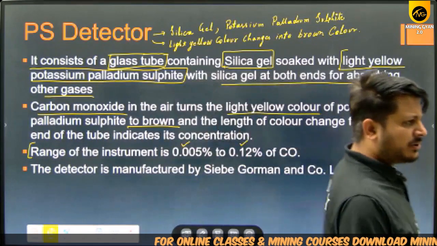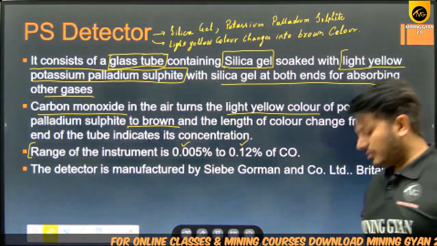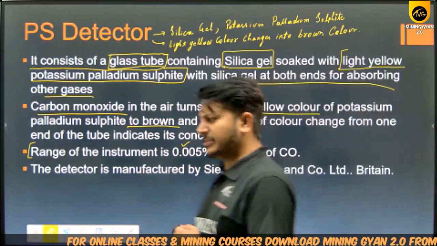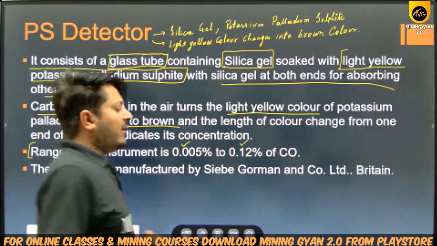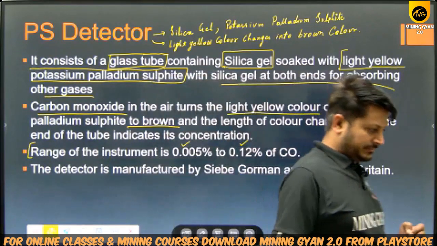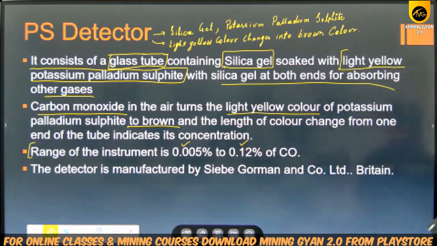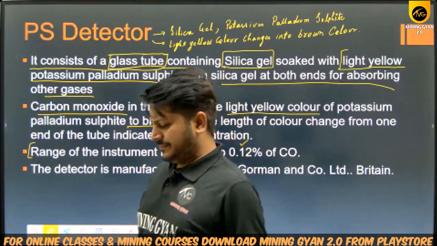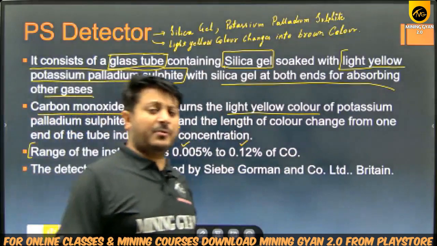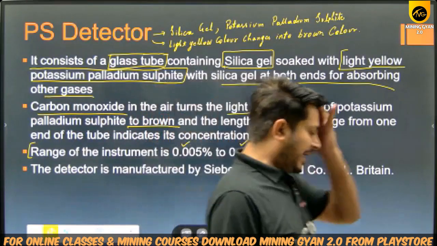How will you be able to know the percentage of carbon monoxide with the changing color? Basically, in all the colorimetric indicators, you will be provided with a scale.